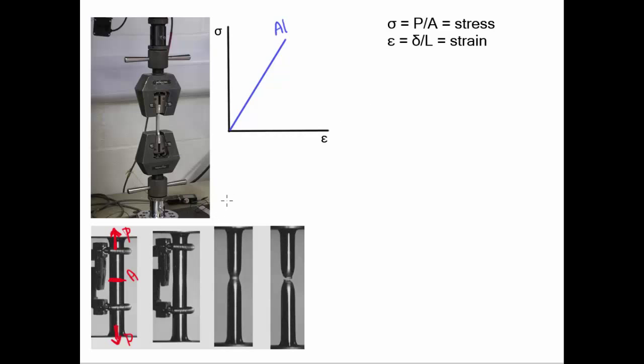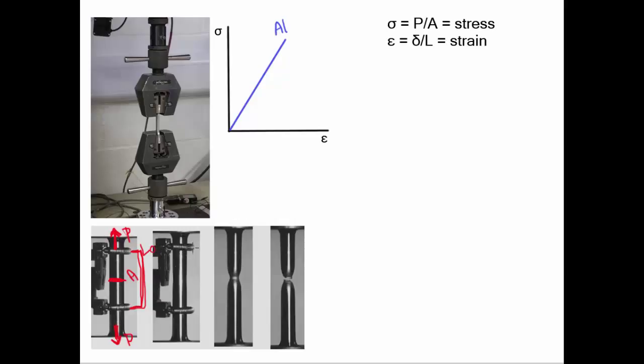So if in this picture we define the original length as the distance between these two clamps, this is L, sometimes people put a subscript 0, and delta would be the amount by which it increases.